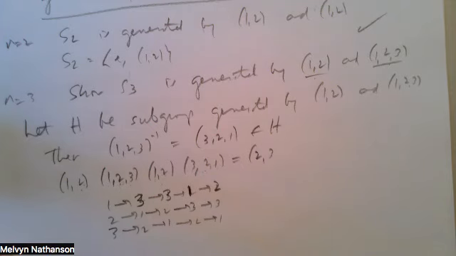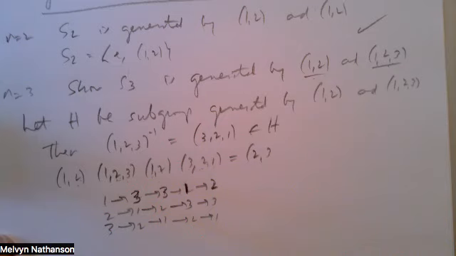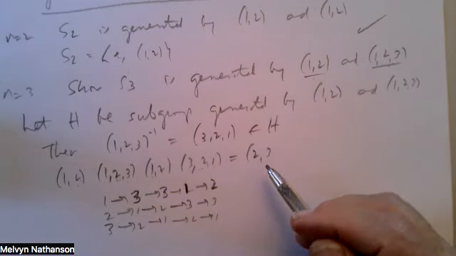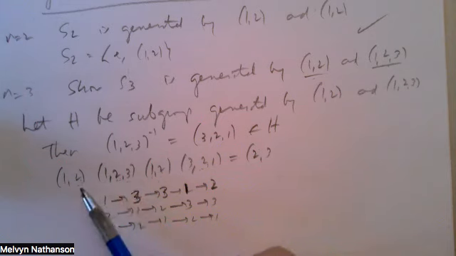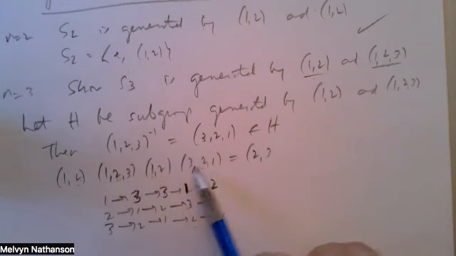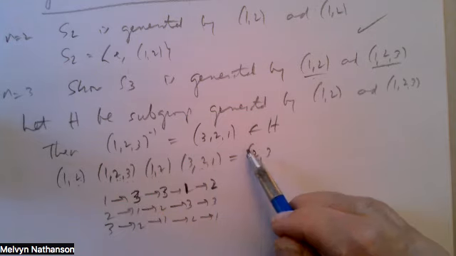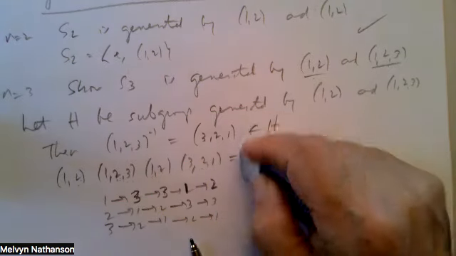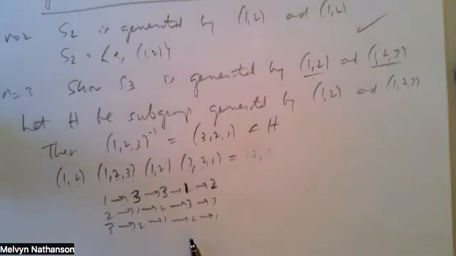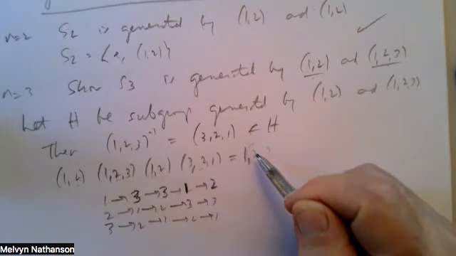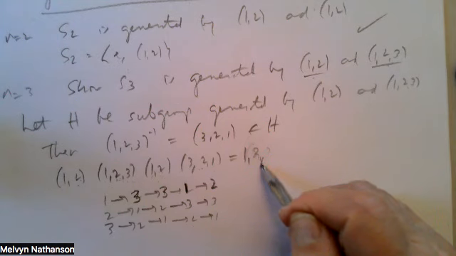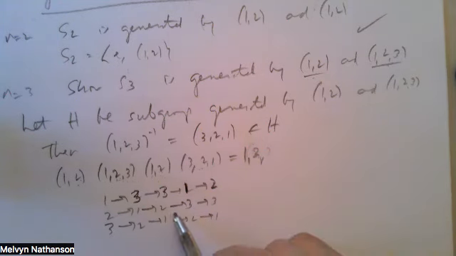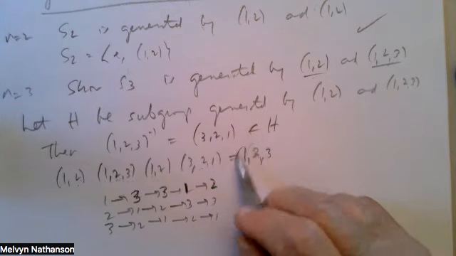Let me think for a second. Yeah, this is correct, but let's just write down what it is, but it's not what I really want. So if I take (1 2)(1 2 3), I'm going to get a 3-cycle: 1 goes to 2, 2 goes to 3, 3 goes back to 1.